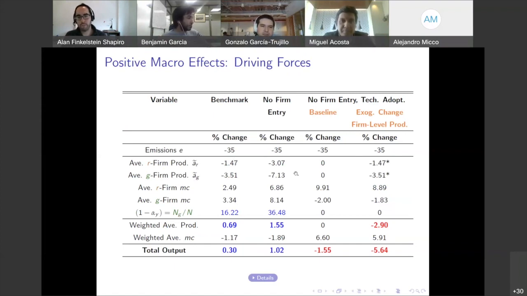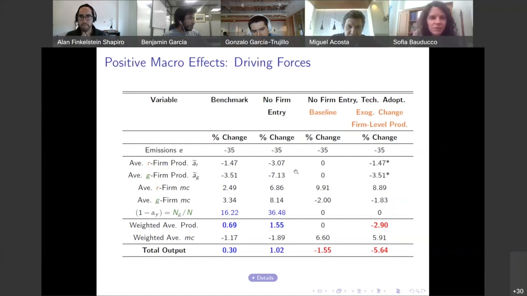Yeah, for sure. One very quick clarifying question. This fixed cost that you have to pay if you become a clean technology firm, this is in terms of the consumption good? Yes, exactly. You can express it in terms of output, and you can make it a function of the marginal cost of firms. For now, in this setup, it's basically just a resource cost.